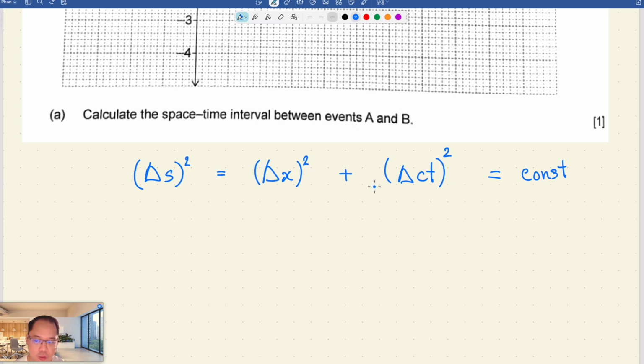However, when they calculate the space-time interval in their corresponding reference frame, it is always constant, regardless of observer and reference frame.